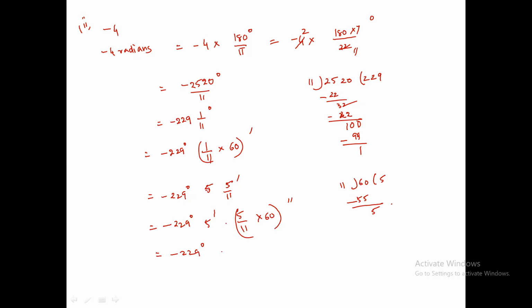So minus 229 degrees, 5 minutes. 300 you will divide by 11. 11 2s 22. 11 7 77.